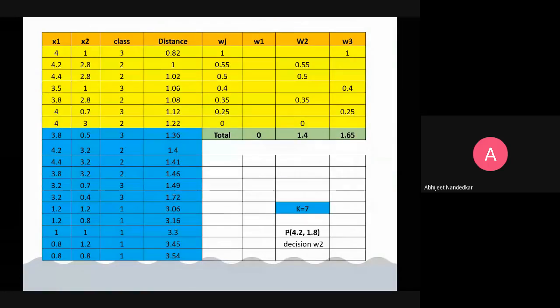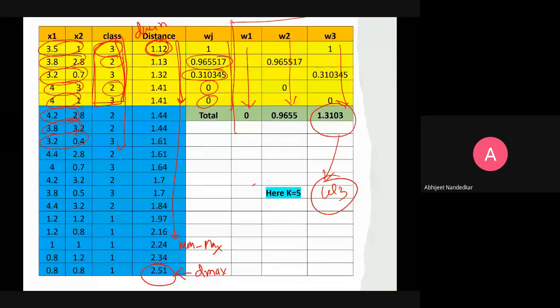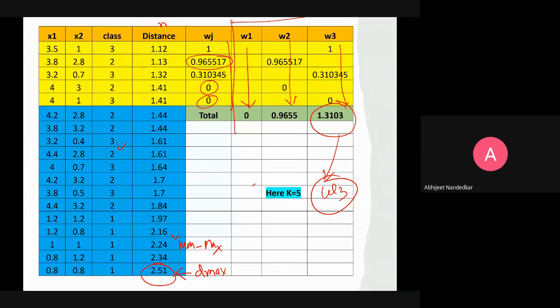Now suppose instead of k equal to 5, I made it k equal to 7. We take the same previous table and include these two samples which are next closest, so they fall in the closest 7 sample list.